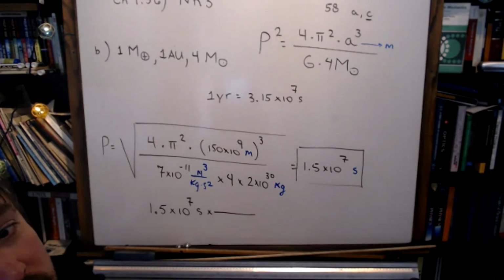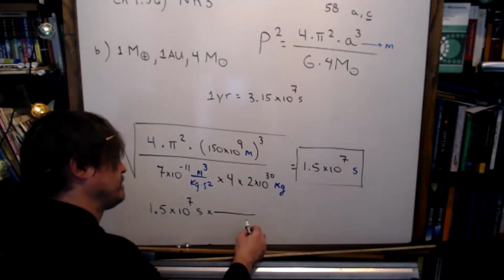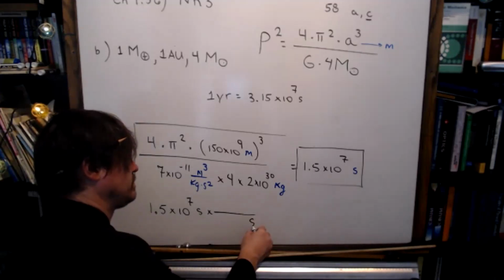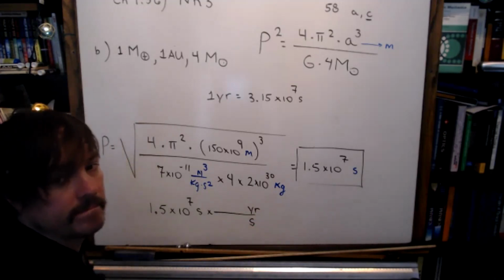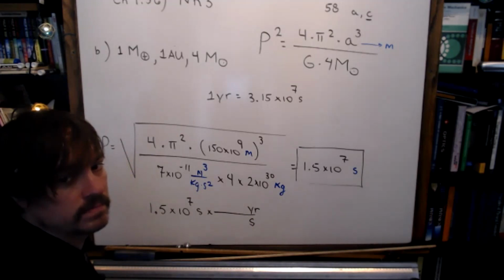It's okay. So is it 3? Units first, Rory. Okay, so seconds on the bottom, and years on the top. And then it would be 31,500,000.